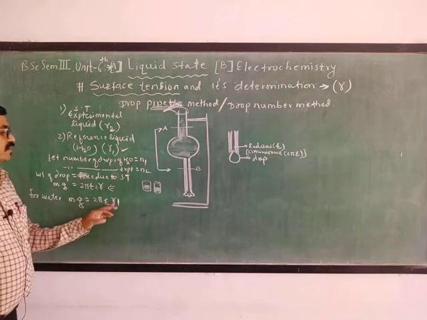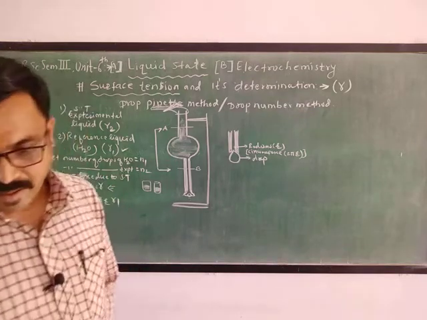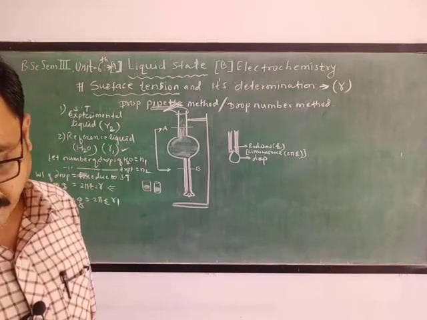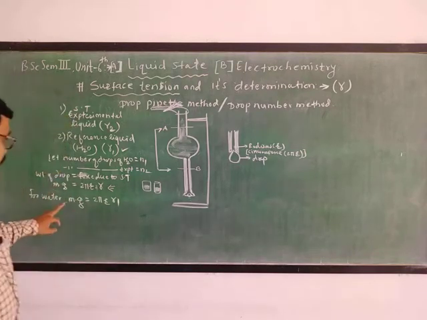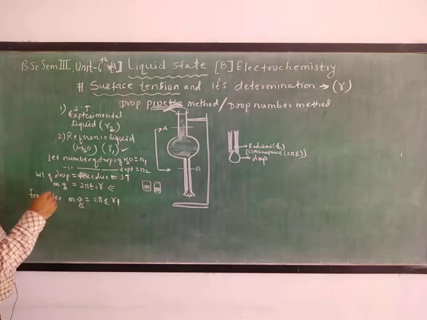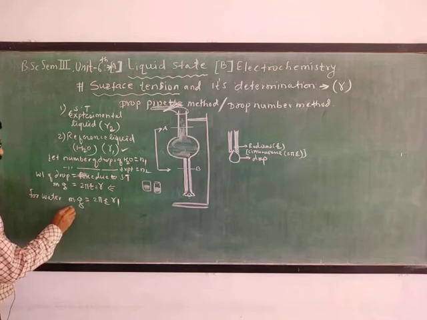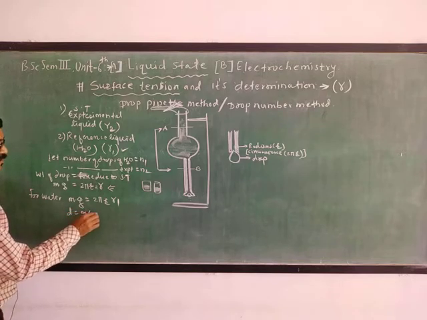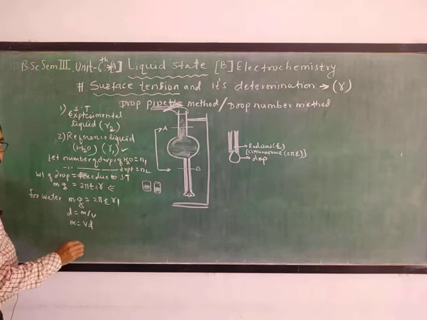What is gamma 1? Gamma 1 is the surface tension of water. Now again you know that mass is nothing but density into volume, because density d equals mass per unit volume. That's why mass is equal to V into d.